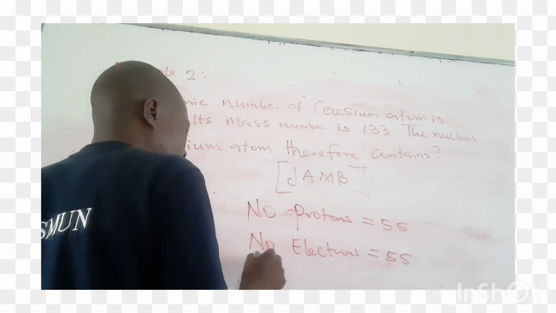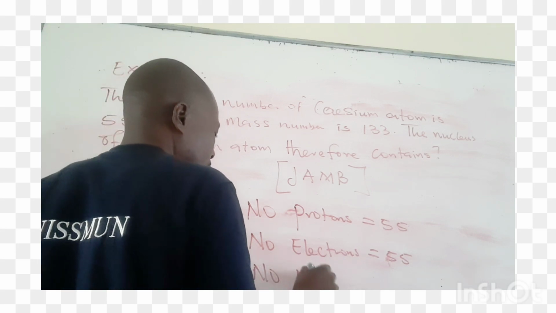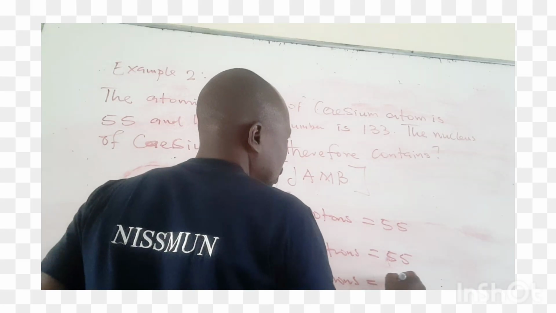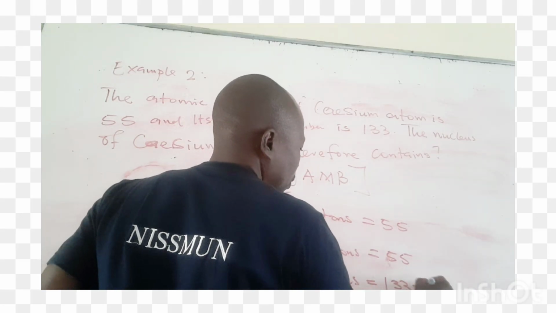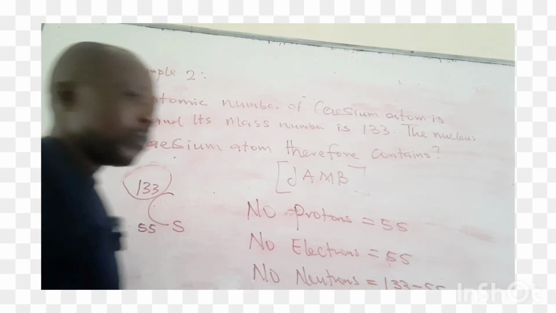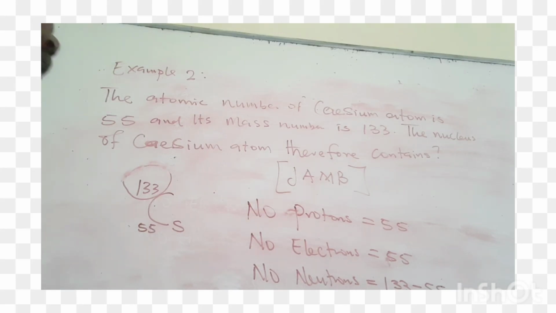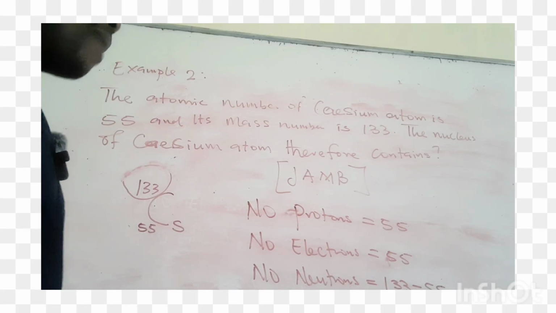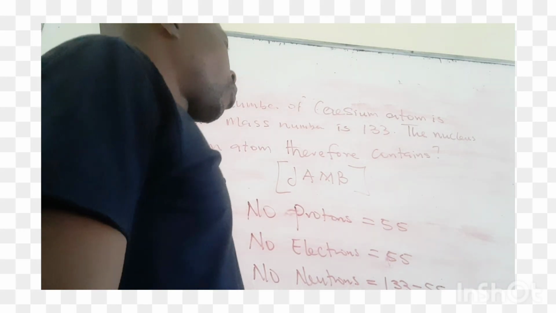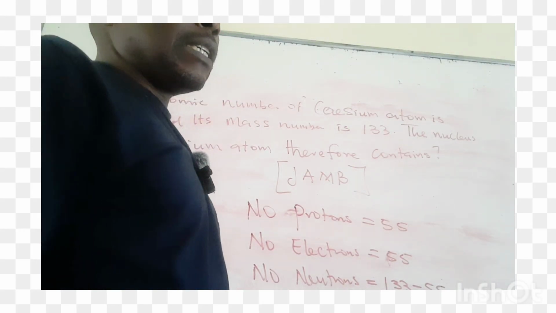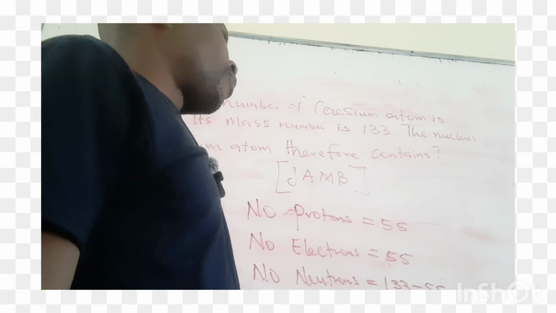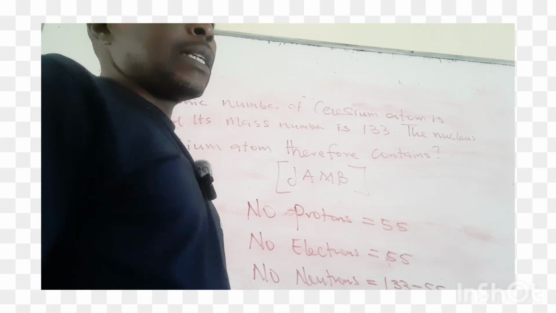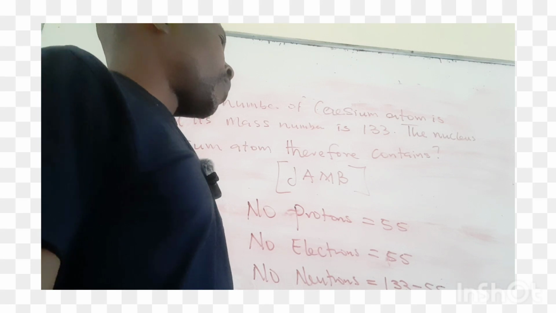The number of neutrons is equal to 133 minus 55. If you subtract 55 from 100, you have 45. 45 plus 33 is 78.